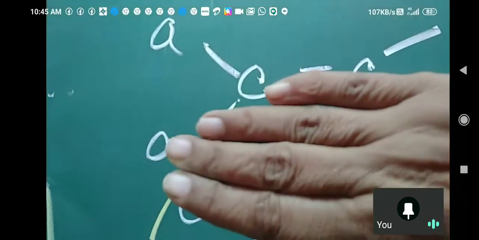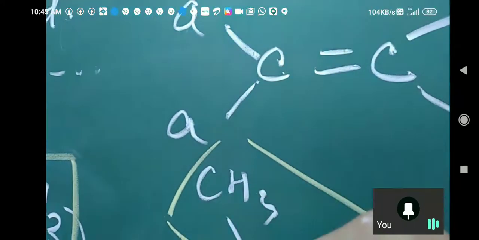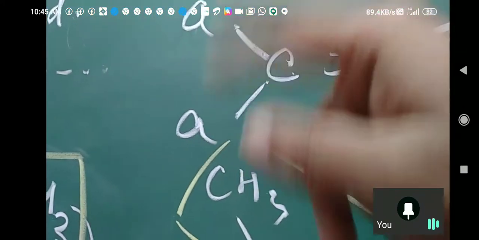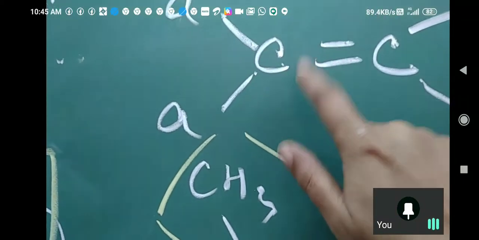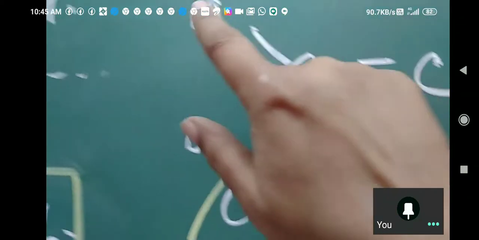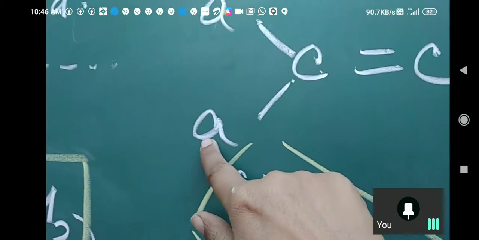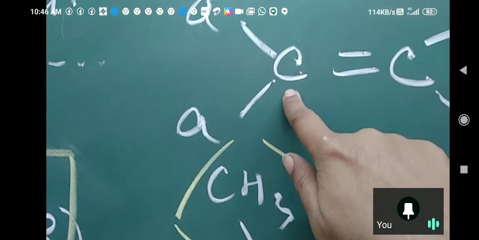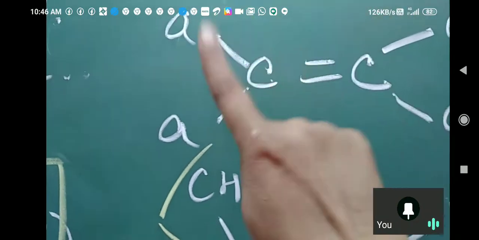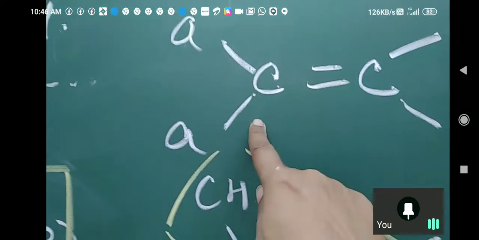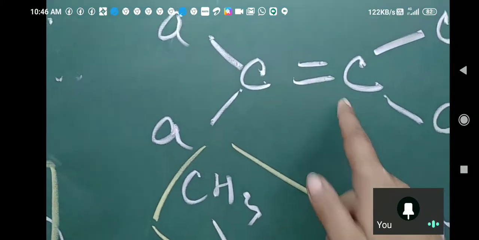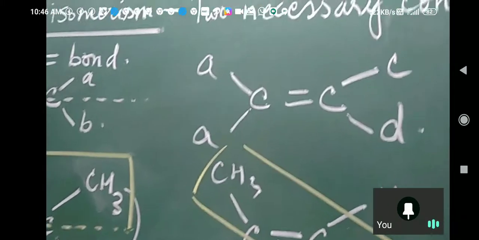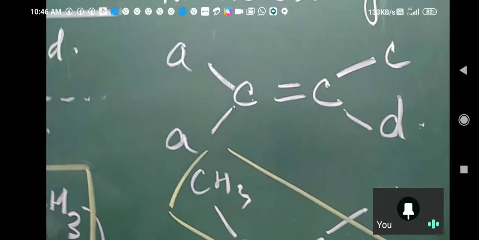Because if you rotate this by 180 degrees, what will happen? It will still be the same. This condition should not be there. The two atoms or groups of atoms attached to the same carbon atom should never be the same. They should be two different atoms. Then only geometrical isomerism is going to take place.